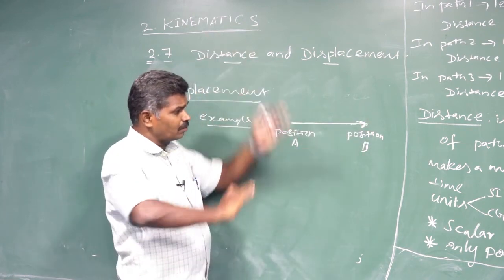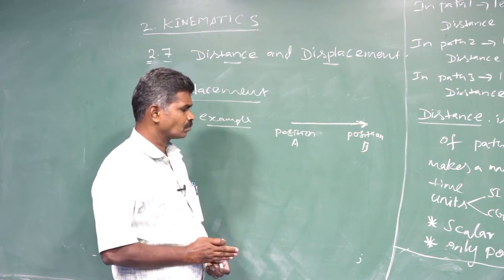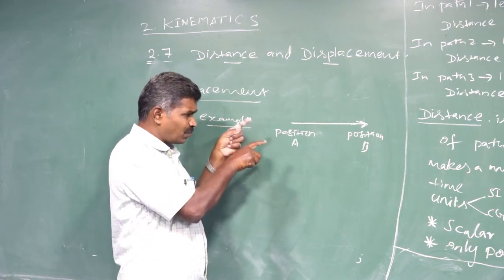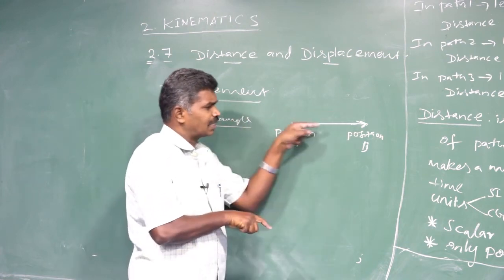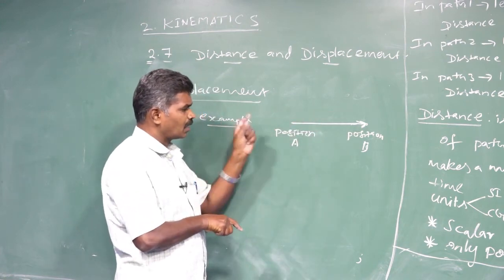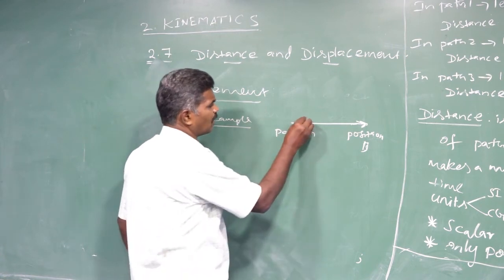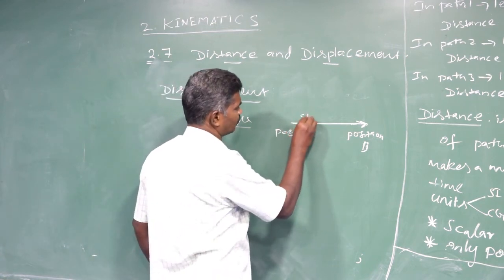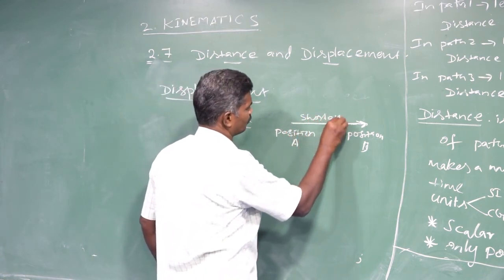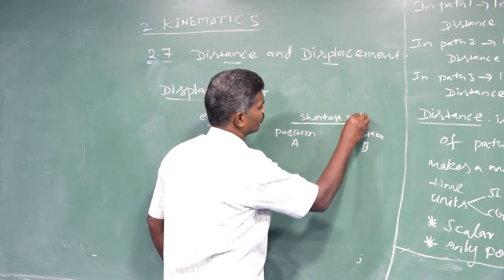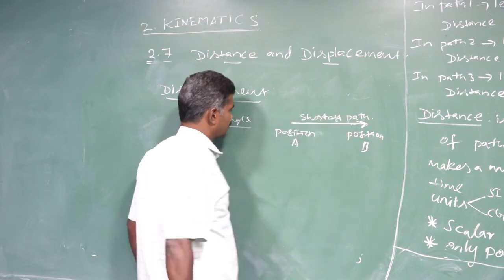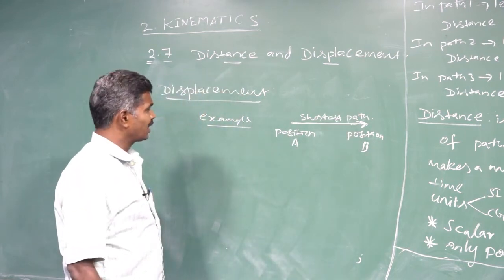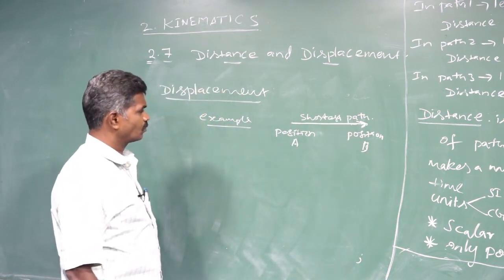The path may have many shapes. Here he is moving from position A to B directly with a direction. It is the shortest path. The length of that shortest path may be taken as the displacement.